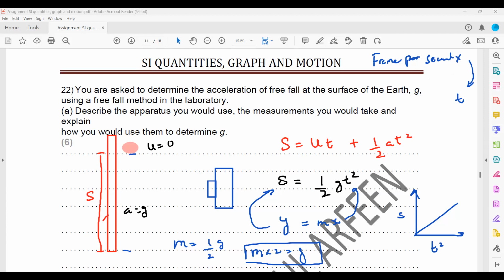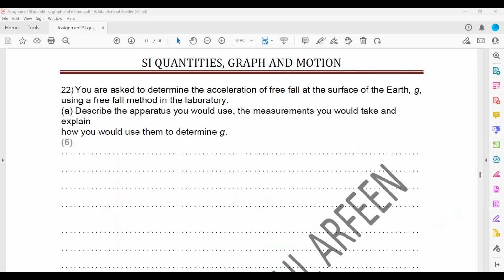This experiment can also be done in another way. Here we determine the displacement and the time. But what if we want to find its velocity? So with the same object, an object dropped from a certain height, this time we can have a light gate at the bottom.